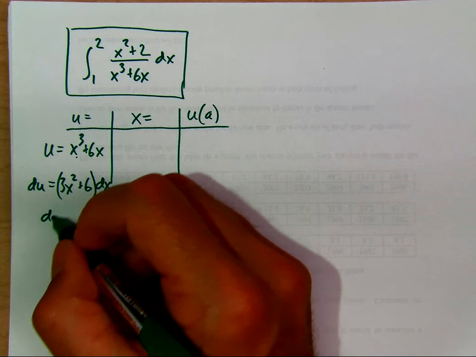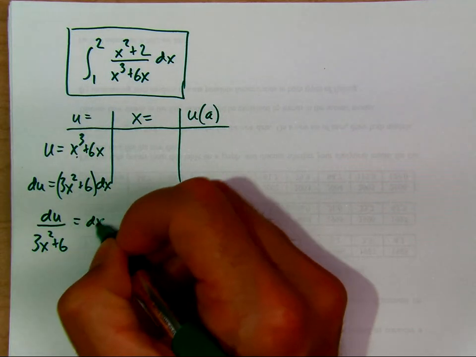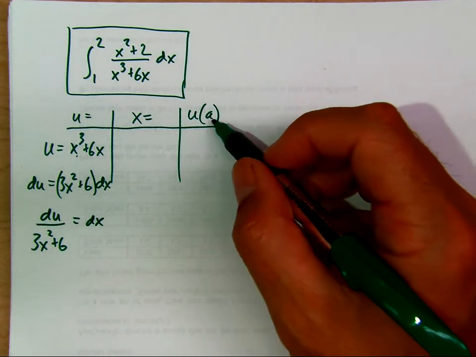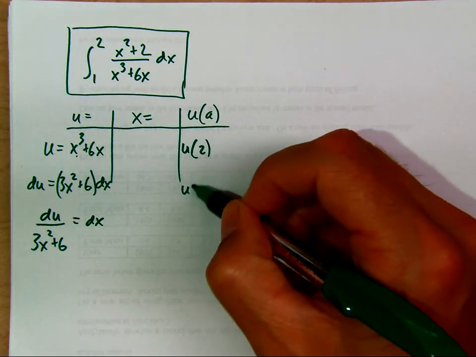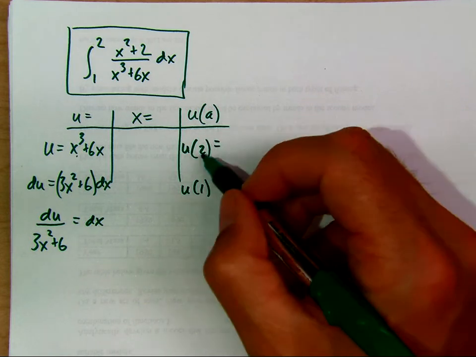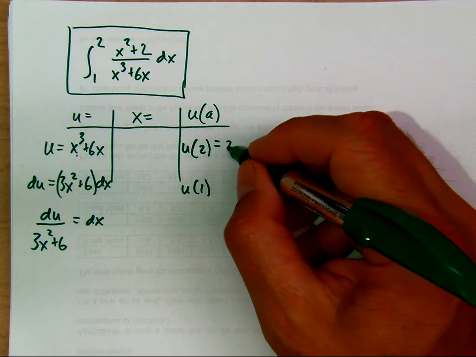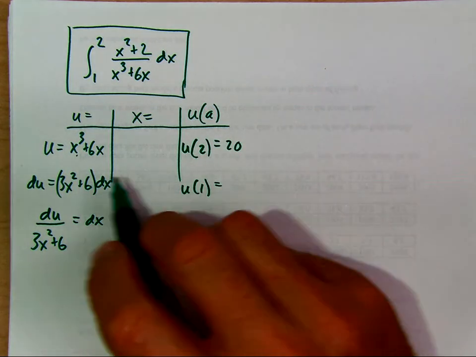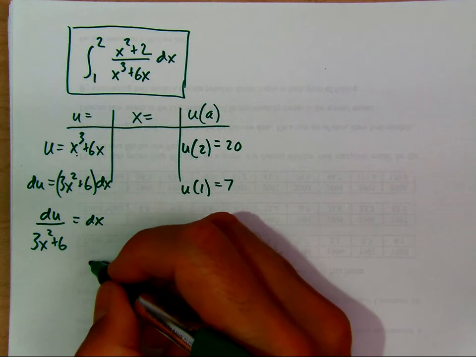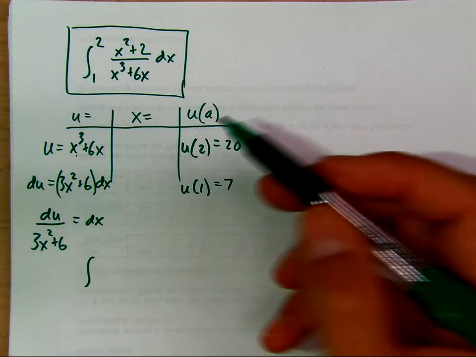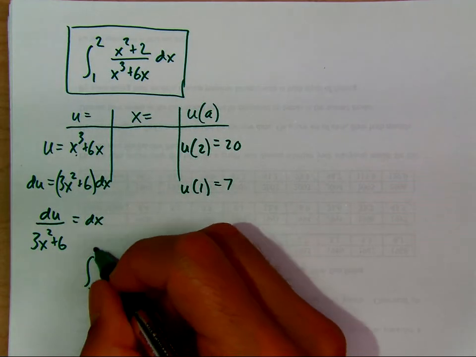We will isolate dx. Then u evaluated at the limits, so u evaluated at 2, u evaluated at 1. If we put a 2 in there, we'll have 8 plus 12 is 20. Put 1 here, we'll have 1 plus 6 is 7. So instead of integrating from 1 to 2, we'll go from 7 to 20.